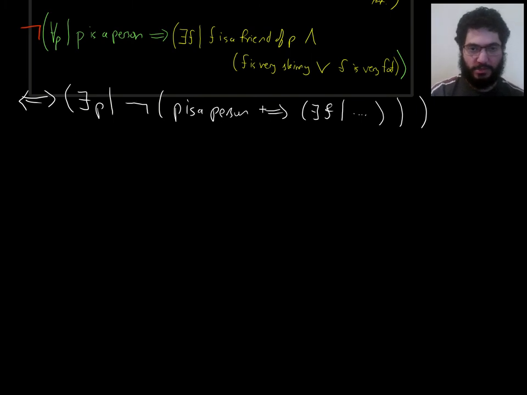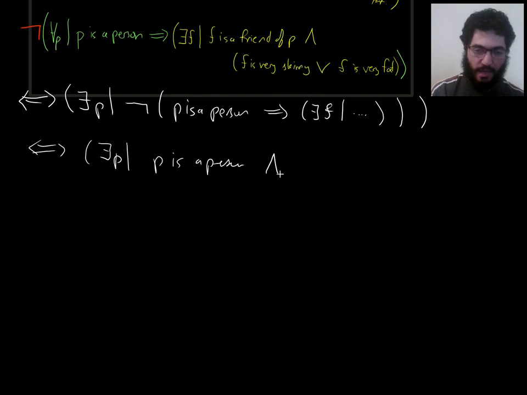And negation with the implication, to say it's not the case that if P is a person, then blah blah blah, is to say that it is the case that P is a person and not blah blah blah. So this becomes there exists P such that P is a person and it's not the case that there exists F such that all that stuff.